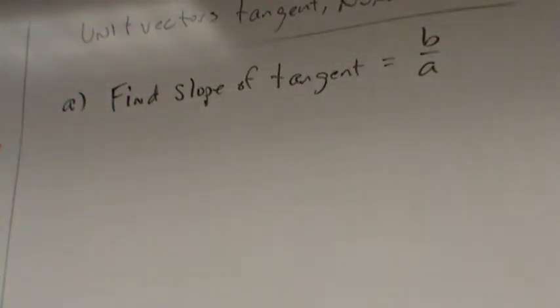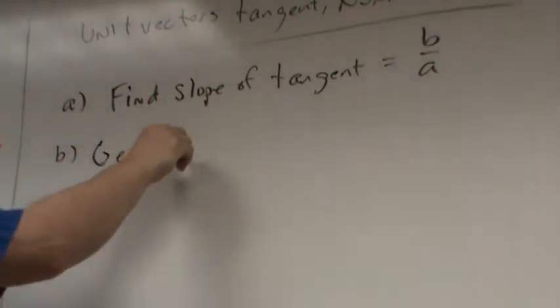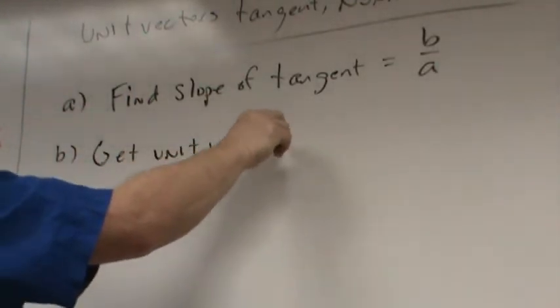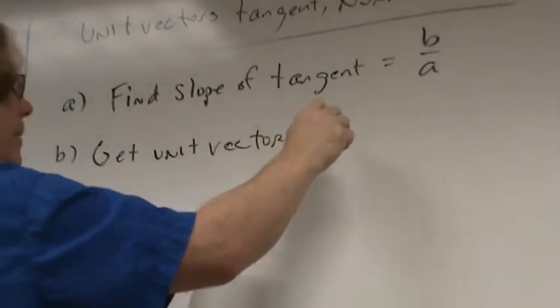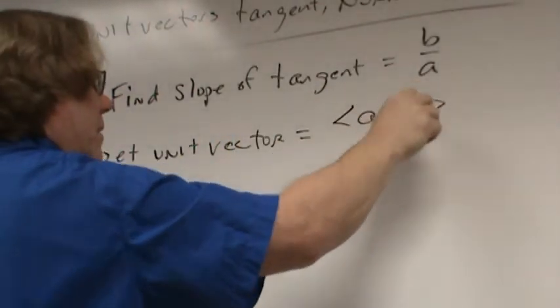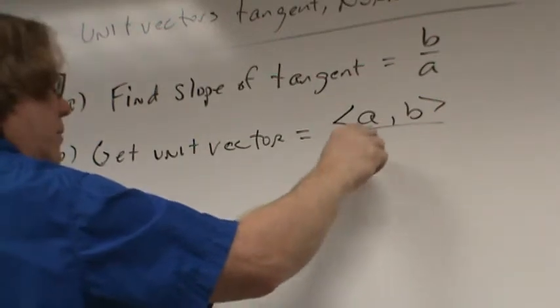It could be 5 over 2, or it could be something like 1.74 over 1, whatever fraction you happen to get. And then part B, you're going to get the unit vector. And the unit vector is going to be <a, b> over the magnitude of <a, b>.